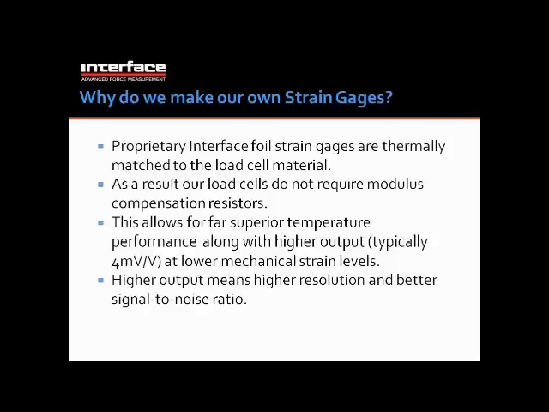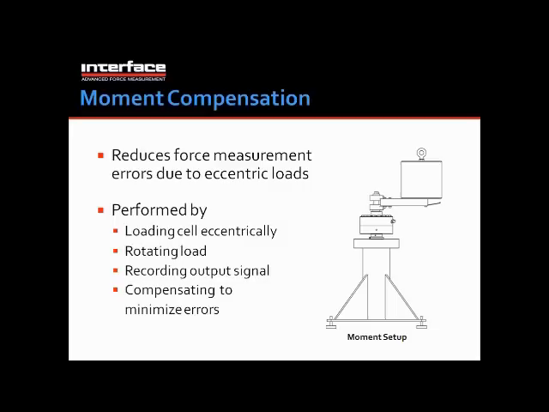Thank you, Brian. Now let's talk a little bit about moment compensation. After the flexure has been gauged and the Wheatstone bridge has been wired and properly configured, we do moment compensation.